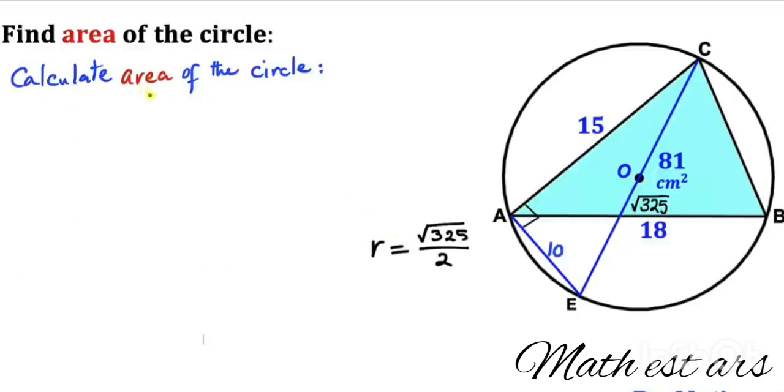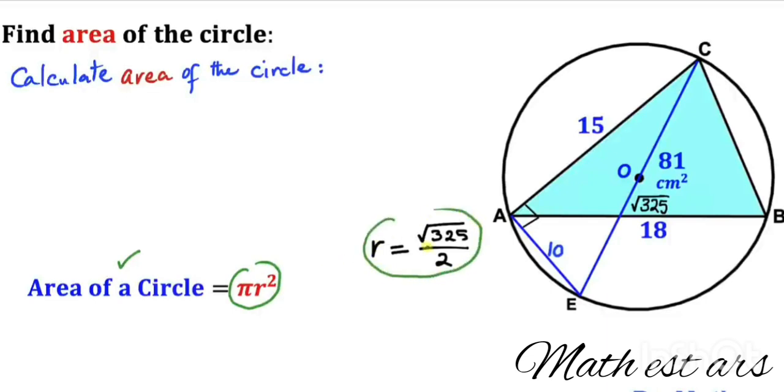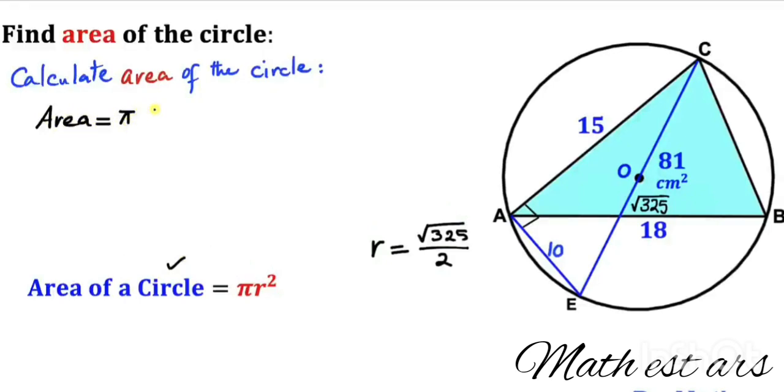Let's go ahead and calculate the area of this circle. And now let's recall the area of a circle formula. Area equals pi r square. In our case, our radius r is square root of 325 divided by 2. Let's fill in the blanks. So the area of this circle is going to be pi times r, in our case square root of 325 divided by 2, whole square.